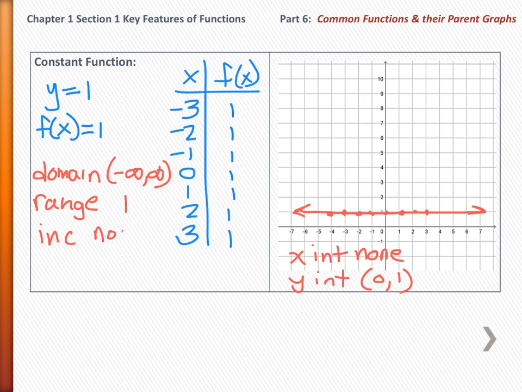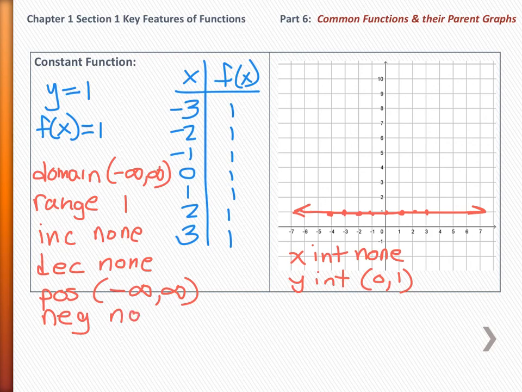There is no interval where that function is increasing, and there is no interval where that function is decreasing. In terms of the positive interval, the entire thing is above the 0. So all real numbers. And there is no negative interval here because the whole thing is above the 0 line.